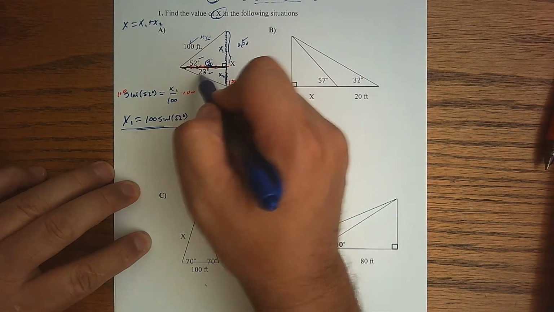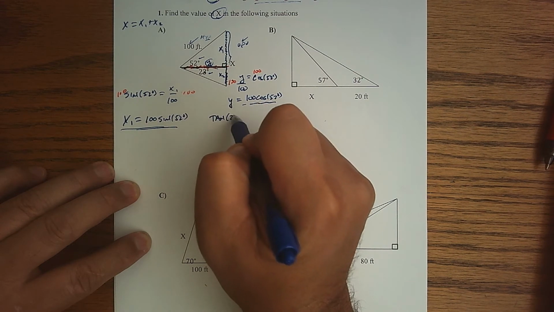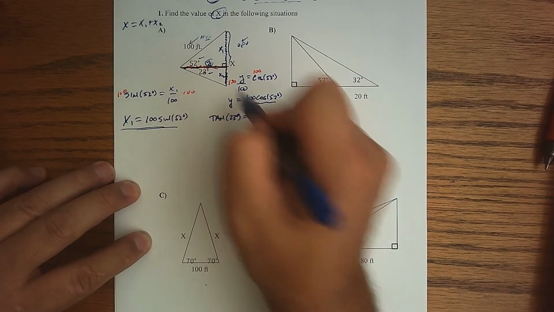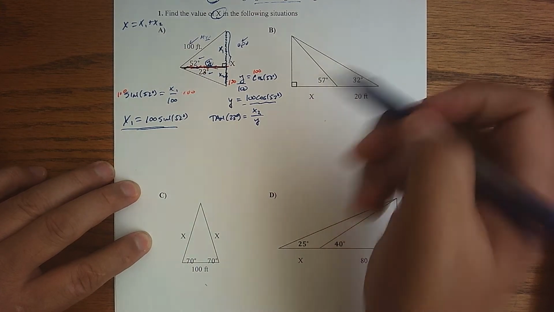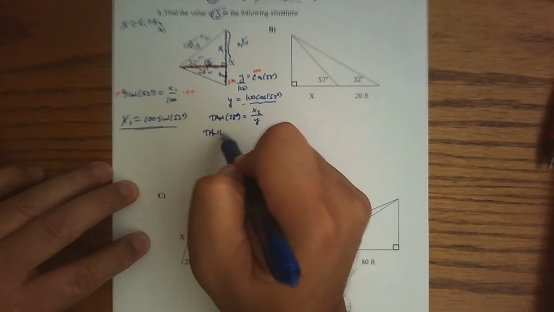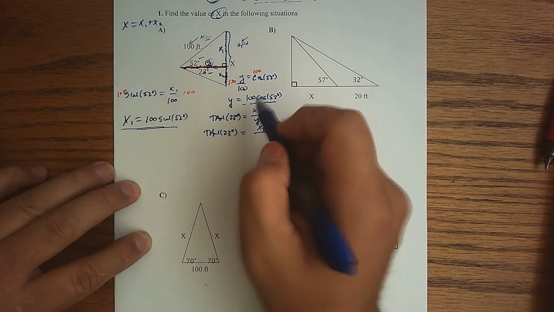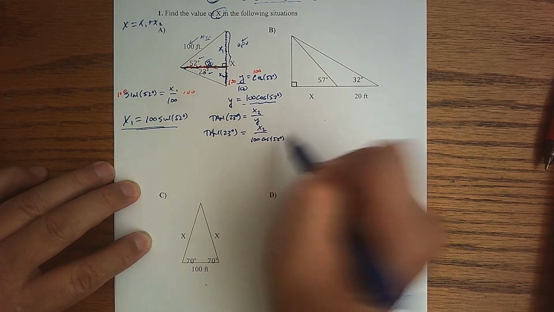So for 23 degrees, we know that the tangent of 23 degrees is my opposite, which is x2, over the y we just found. So my tangent of 23 degrees is equal to my x2 over 100 cosine of 52 degrees.